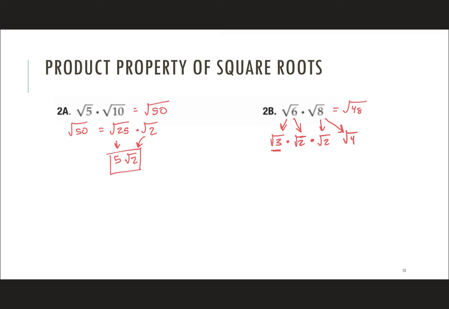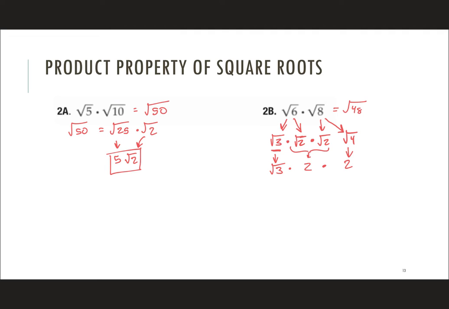It's neither a perfect square, nor do I have a pair. I do have a pair of 2's right here, so one of them is going to come out as 2. And then my square root of 4 over here is also 2. Bring down square root 3.